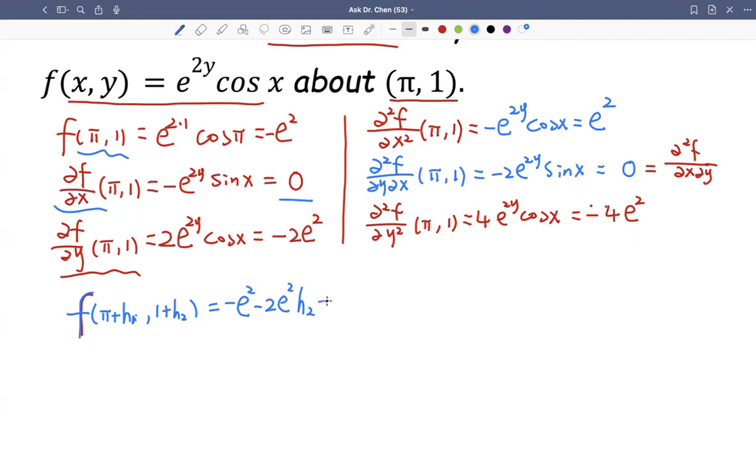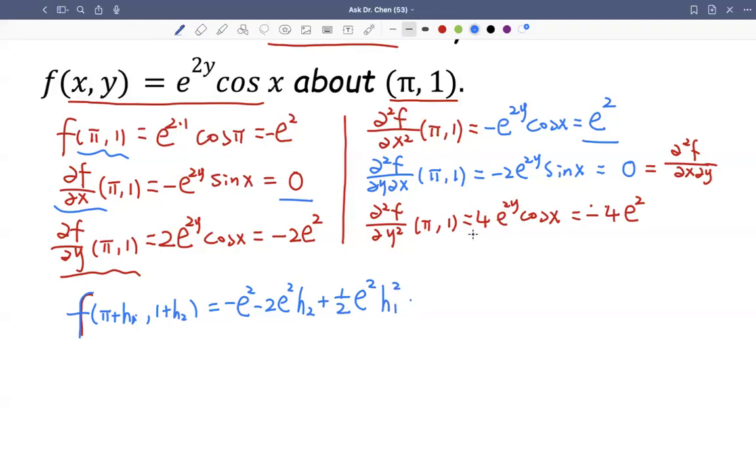Now, second partials. For the second partials, we need to add a half. So half of the second partial, which is e squared, then multiply by the difference, which we can write as h1 squared, because the second partial is second order.